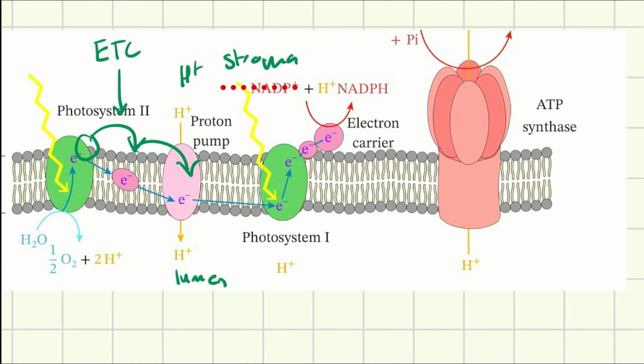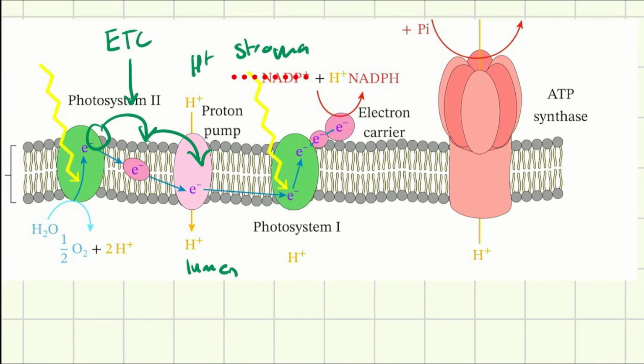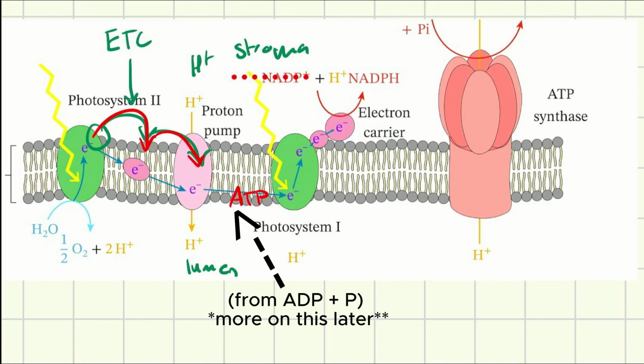Another thing with the electron transport chain is that this process of our photosystem 2 exciting our electron using the photons of light, then undergoing this electron transport chain, creates ATP as a byproduct almost.